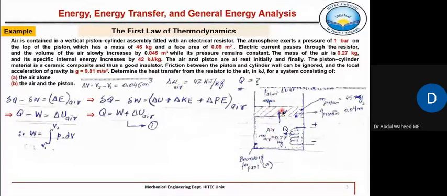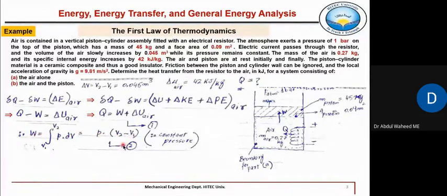Weight of the piston is m, and when you multiply m with g, it becomes a force, right, acting over this area. So we can write this equation because pressure is constant, so P is outside, and dV is a change in volume, which is given by V2 minus V1 because it is an exact differential. So in this case, pressure is not changing, pressure is constant. So this equation 2 is simple.